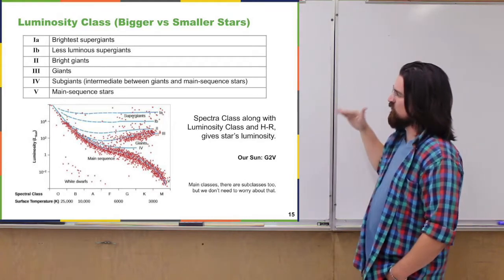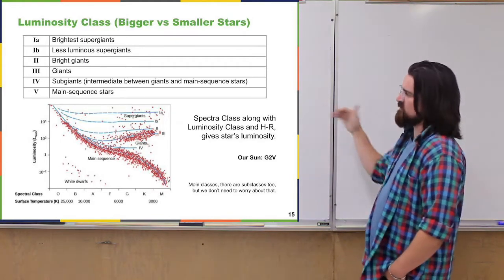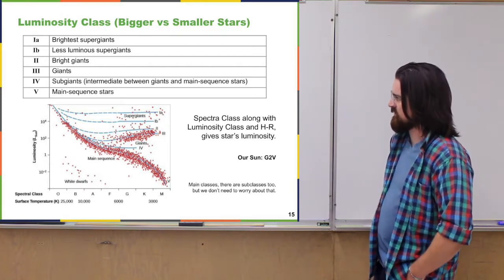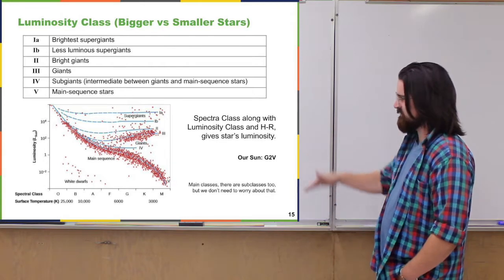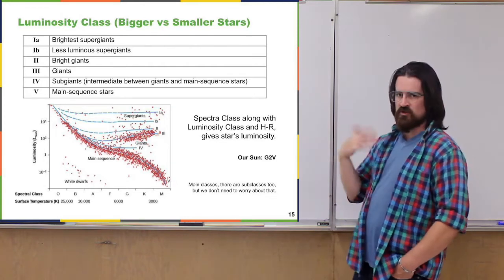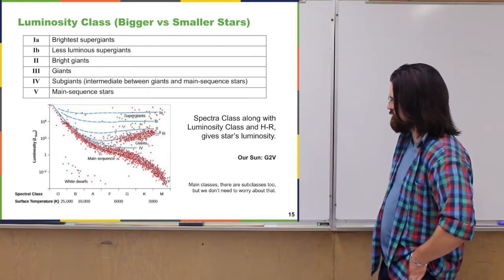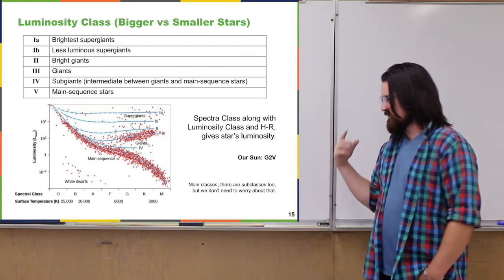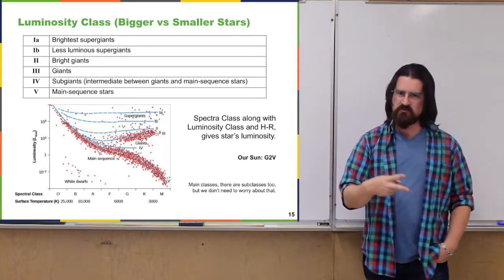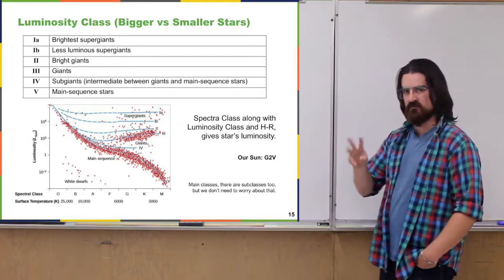Then to 1B, a bit less, maybe 10,000 times brighter than our sun. Then to class 2, class 3, class 4, class 5, right? Class 5 are the main sequence stars. So our sun is spectral class G2, luminosity class 5.